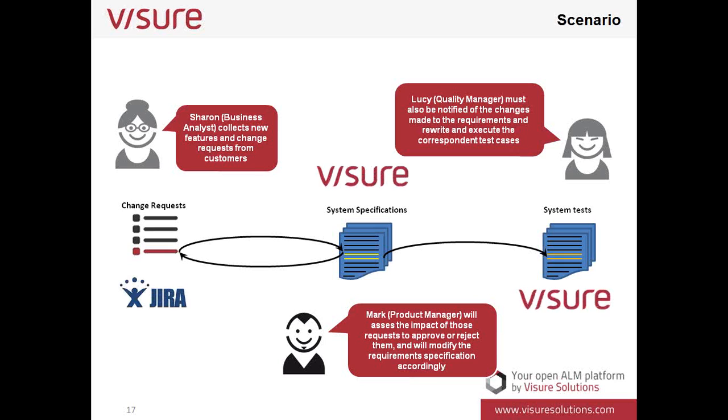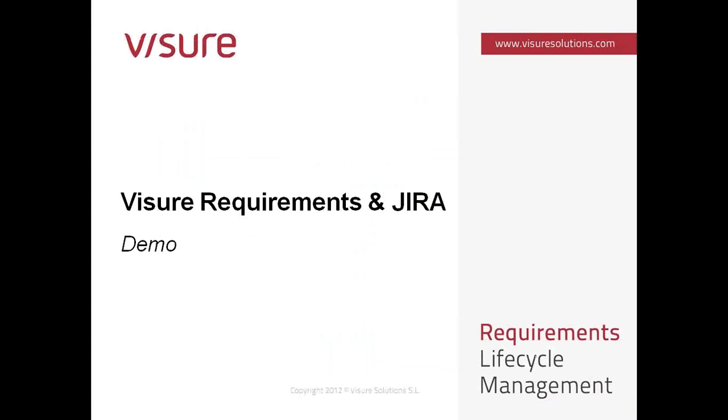So how can we keep working following this process in our integrated environment? Okay, this is possible with Open ALM by Visure. So let me demonstrate this scenario using both tools.